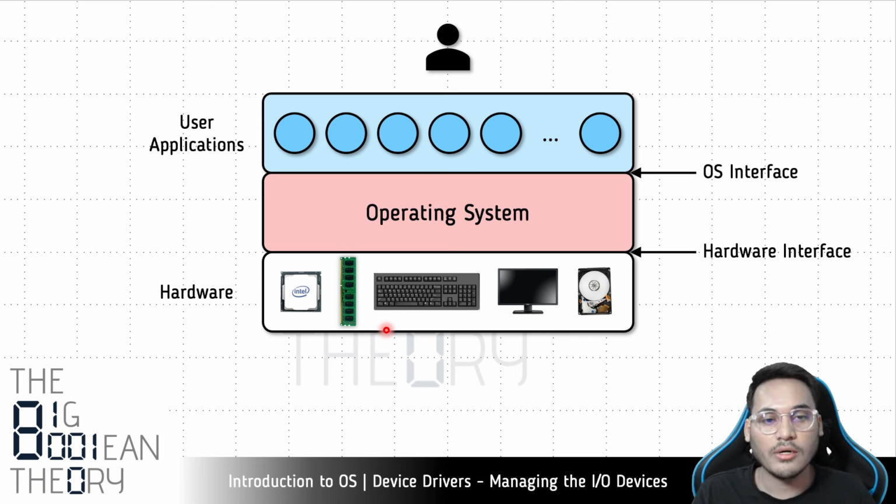Let's talk about a few examples. The storage will be required by all the user applications for storing files. Every user application wants to use the display for displaying whatever output they have produced. The peripherals, including the keyboard and the mouse, the user will be using to give inputs to all the user applications.